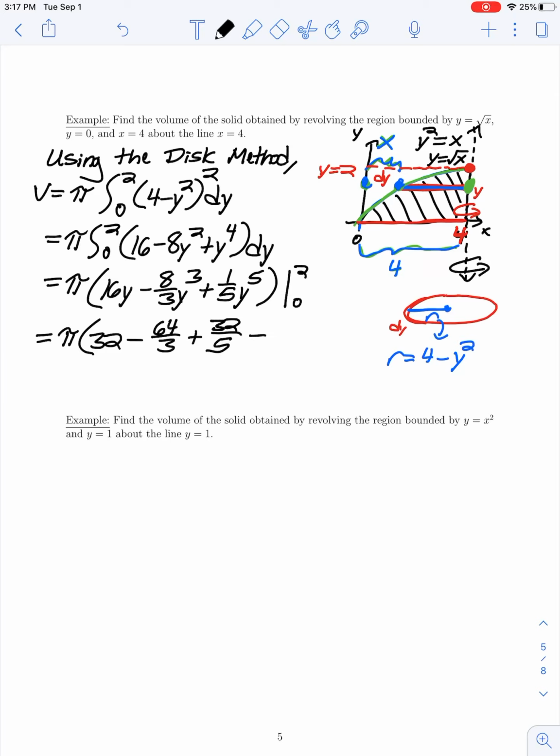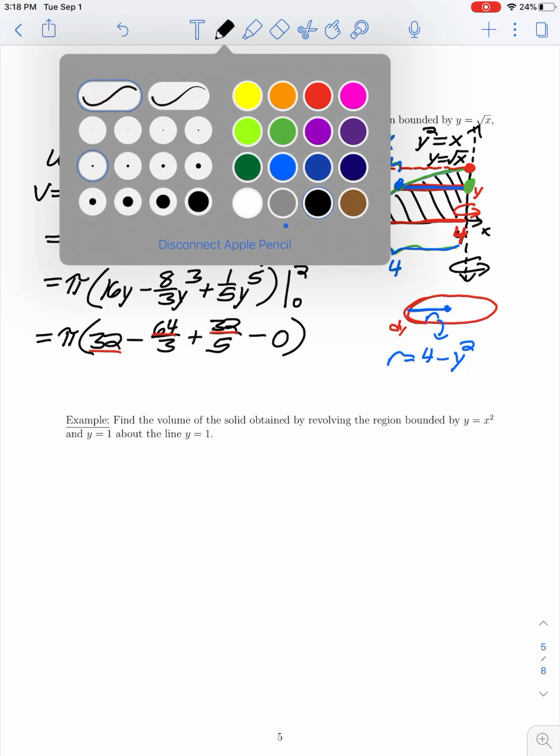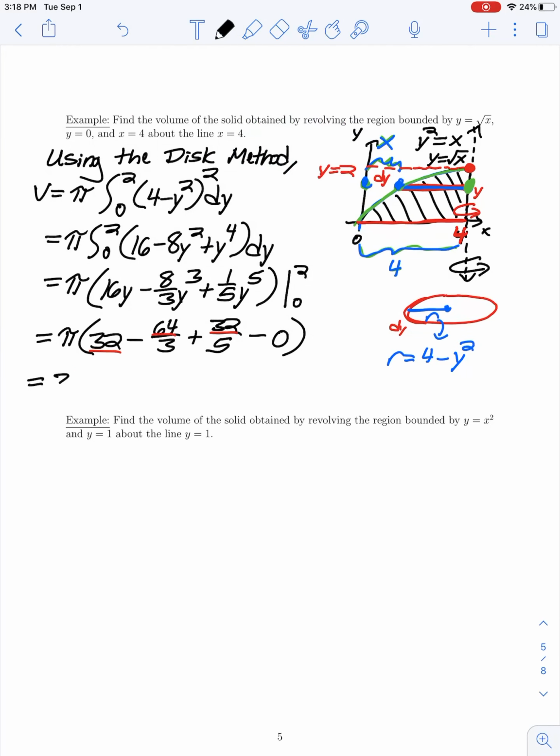And then we subtract what we get when we evaluate at y equals 0, which would be 0 here. So in order to simplify this, if I'm a little bit clever, I can see that each of these terms I could factor out a 32 from. So I would have a 32 pi, and then after I factor out that 32, that would leave me with a 1 minus 2/3 plus 1/5.